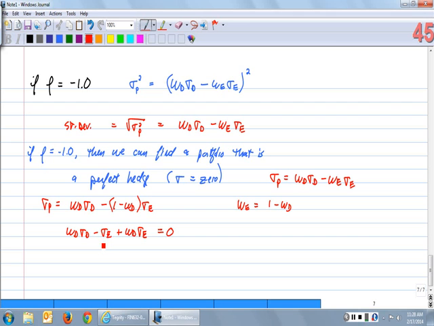So I'm going to solve for WD. Basically, this is an equality. I get all my WDs on one side, don't I? And I'll move this over here, solving for WD: sigma E in the numerator divided by sigma D plus sigma E.